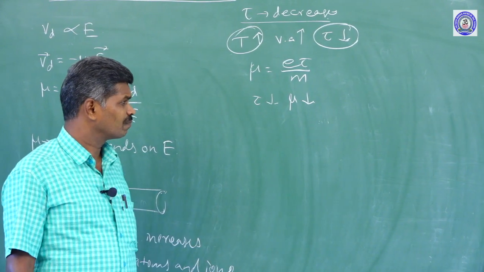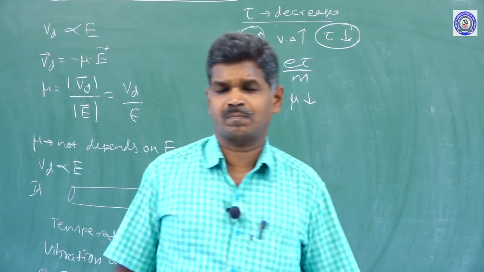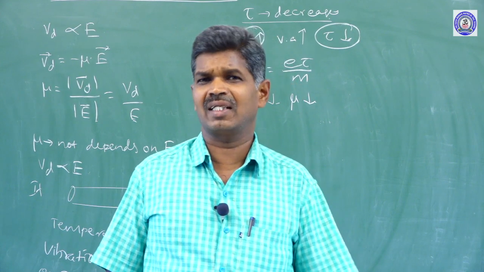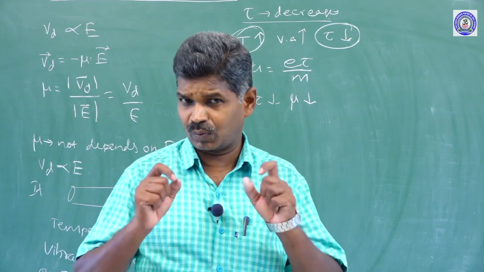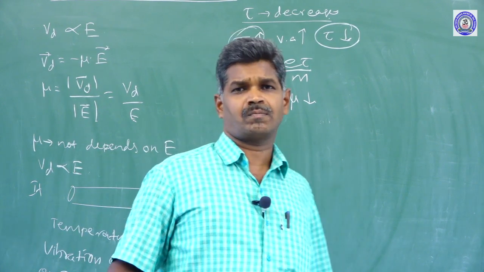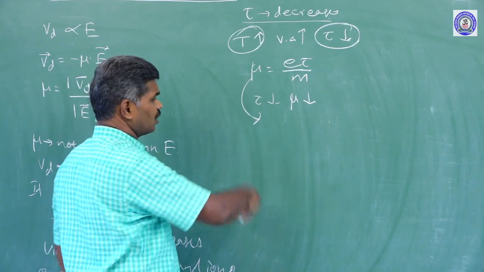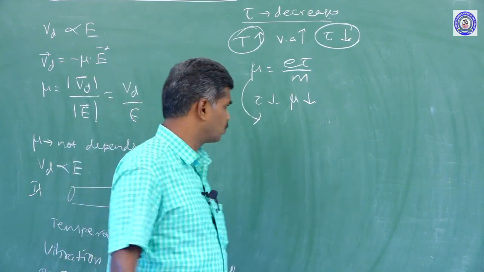Mobility is nothing but drift velocity acquired per unit electric field. Mobility does not depend upon the electric field, that is very clear, but it depends upon the temperature. Now we have the SI unit for mobility.